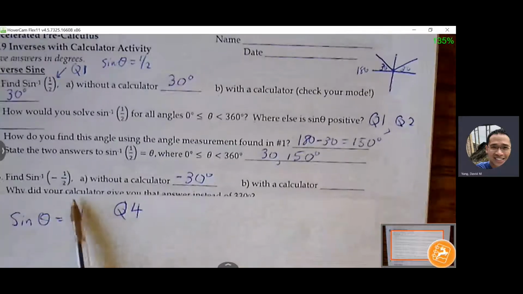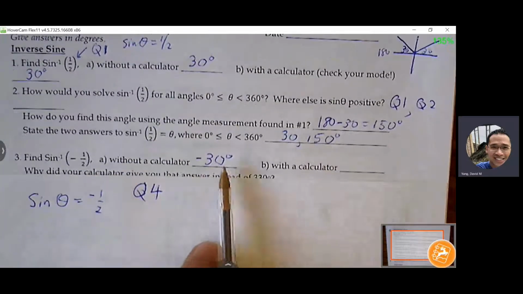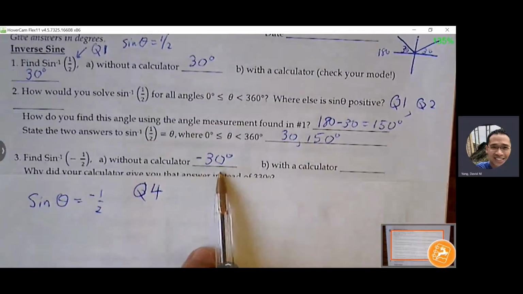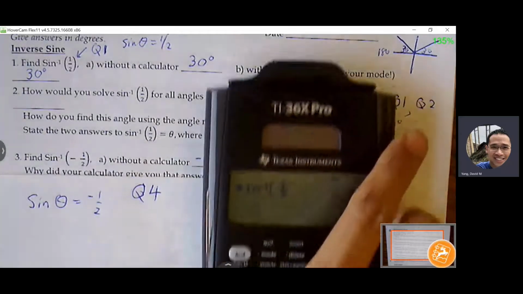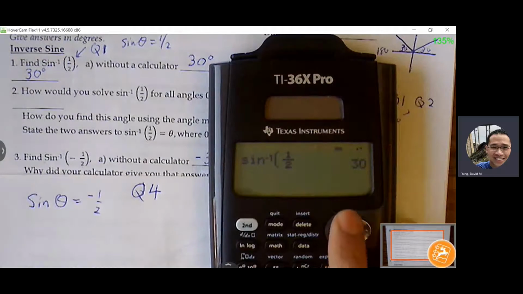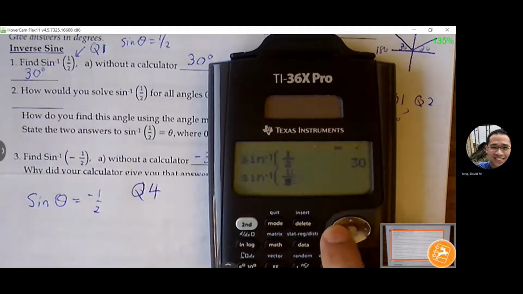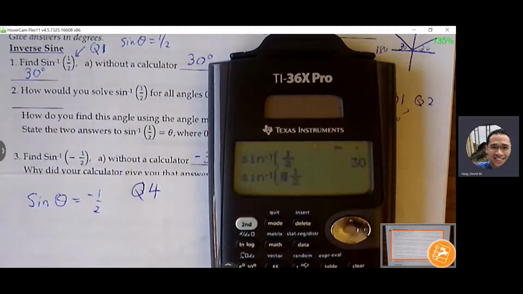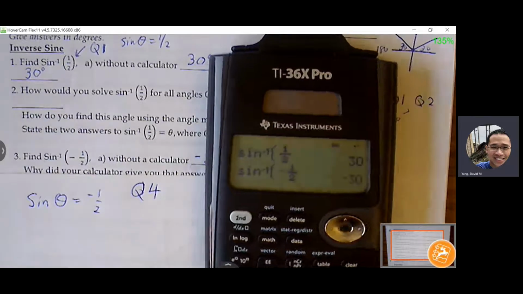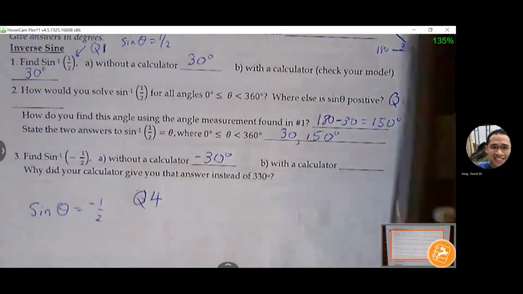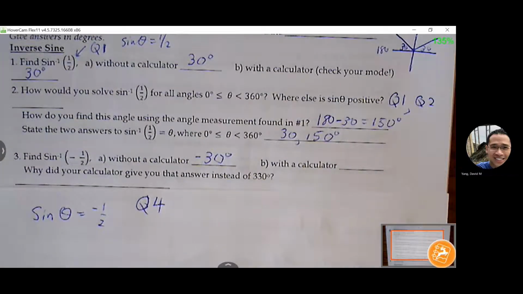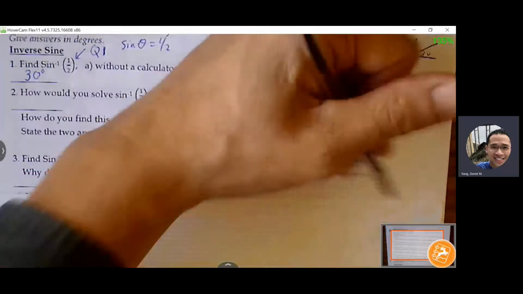But try doing this in the calculator, and you're going to see that we have to do that principal value on our own, because if you do this in the calculator, it will give you -30. Okay, so it will give you -30 degrees.